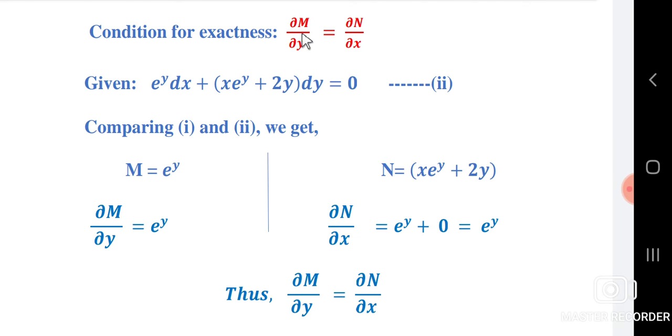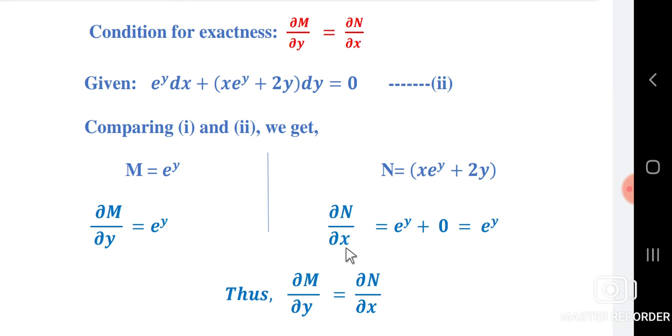So for the condition of exactness, we find dou M by dou y is equal to e power y, since differentiating M partially with respect to y, the exponential becomes the same. Now we have N. We have to differentiate N with respect to x partially. So y becomes constant.